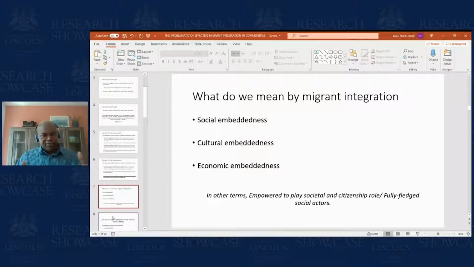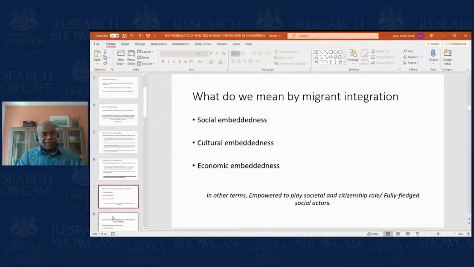We also talk about cultural embeddedness as a condition for migrant integration. So migrants being able to espouse some of the cultural values of a new locality, but also instilling some of their own values into the new collectivity.